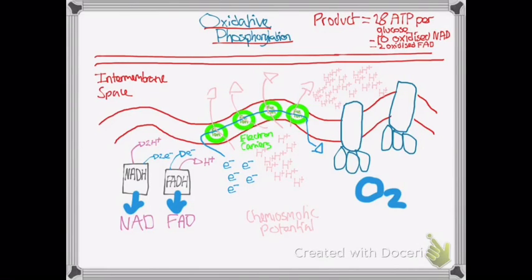Right, so we've got a high chemiosmotic potential here, which means that hydrogens want to leave the intermembrane space. They're accumulating here, they want to move back here because there's a proton gradient formed, okay?